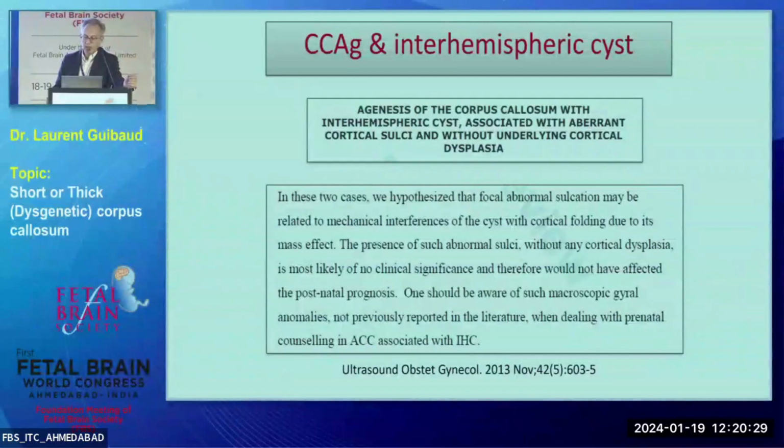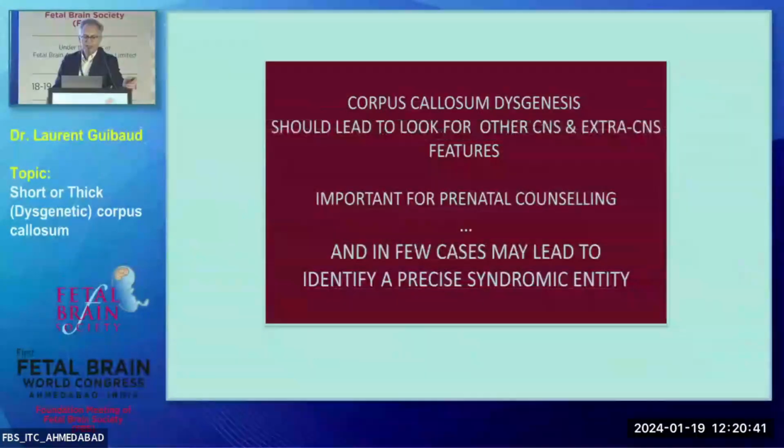So in that case, the prognosis is not related to this cortical malformation, which is only a macroscopic malformation without any histological abnormalities. So corpus callosum dysgenesis should lead also to look for other CNS and extra-CNS features.